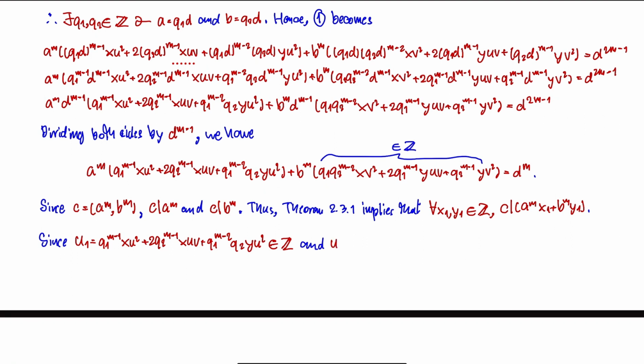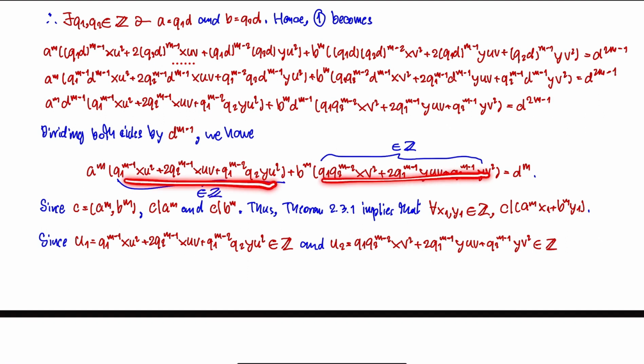We call it u2, which is this term right here. Since these two terms are integers, I just write them as u1 and u2.